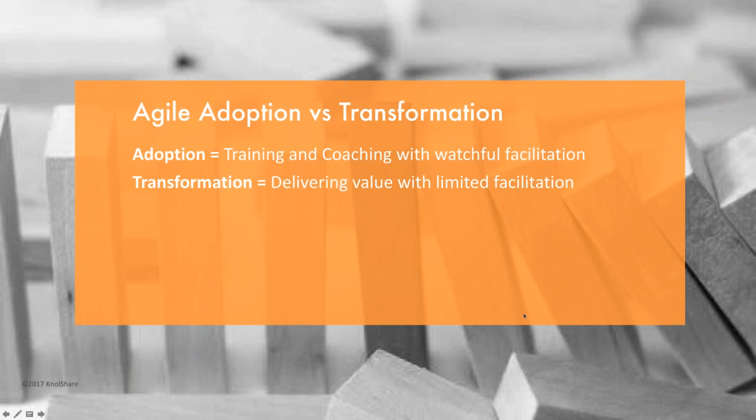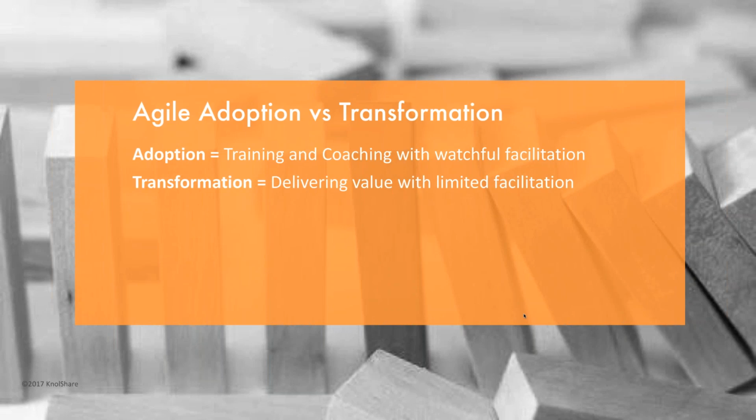There's a great thing that people talk about, transformation and transformation this, but I think they miss one of the fundamentals that happen with Agile. There's an adoption period, and then there's a transformation. When I think of adoption, we're talking about the people in your organization being trained and there's a coach who's there doing this watchful facilitation.